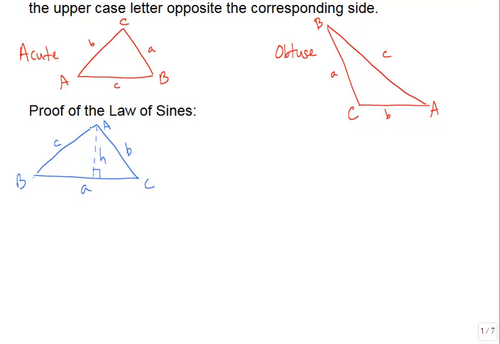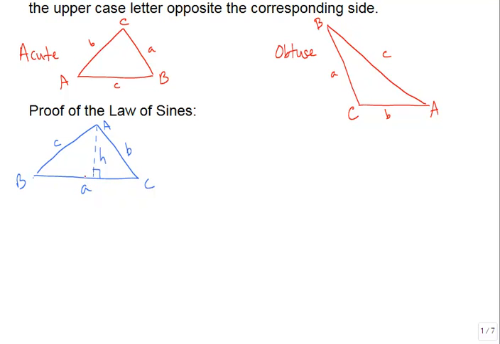So here is just a generic oblique triangle. Sides little a, b, and c, and angles capital A, B, and C. And we know from a previous lecture that there are ways to find the area of this triangle if all we know about it are the 3 sides and the 3 angles.